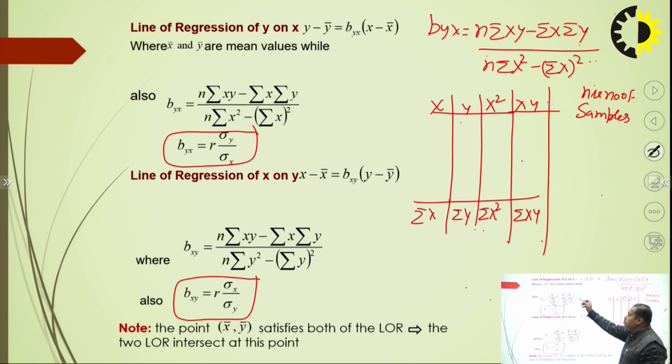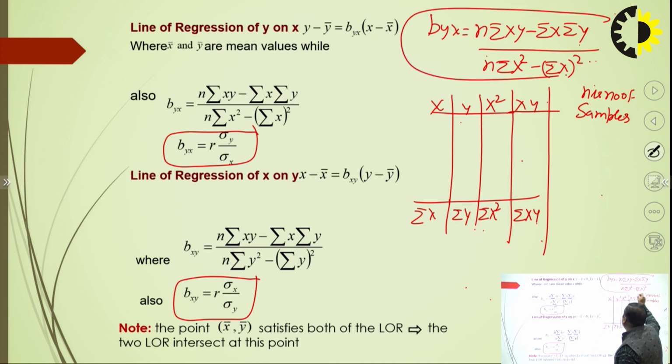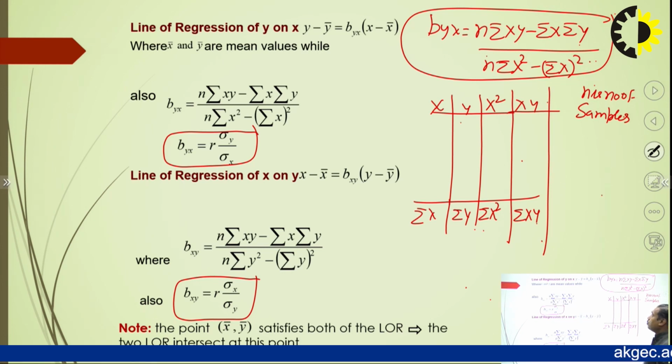Putting these values, we can find byx by this relation. Byx is called the coefficient of regression y on x.